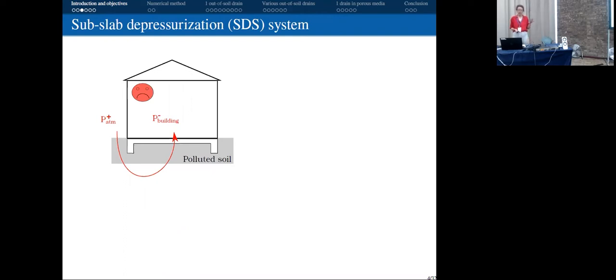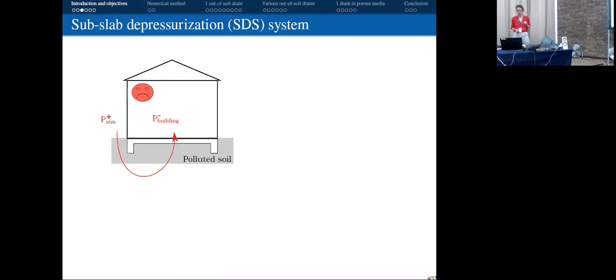If we have polluted soils, since the atmospheric pressure is higher than the building pressure, air comes from the outside and goes inside, taking some pollution on the way. So the air pollutes the indoor air.